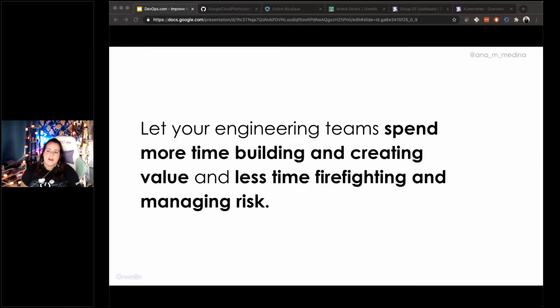We want to reduce the amount of incidents. But at the end of the day, it comes back to making sure that your engineers are constantly just focusing on what their roles are, whether it's building, operating, or supporting other teams to help them build more resilient systems. We want them to focus on that and spend less time firefighting and worrying about any possible outages that can happen.